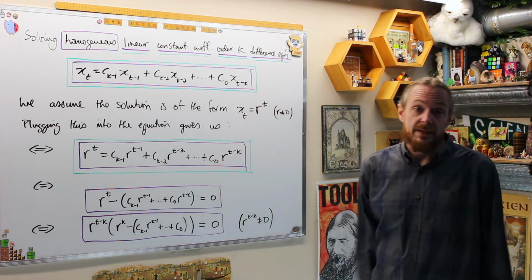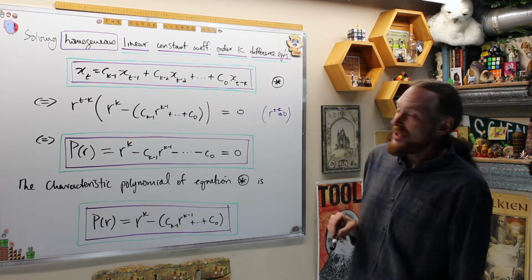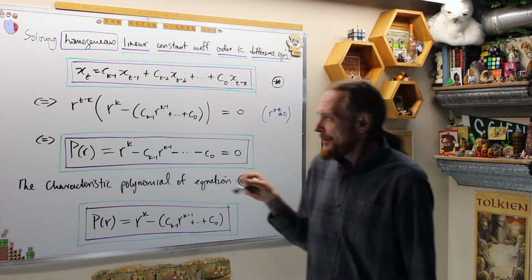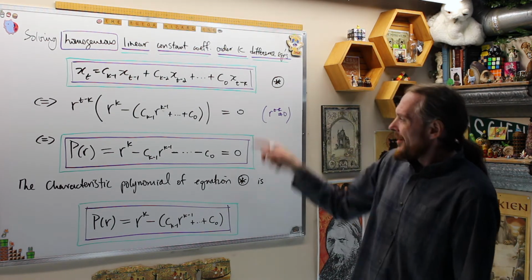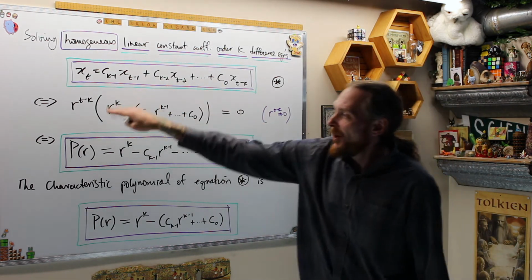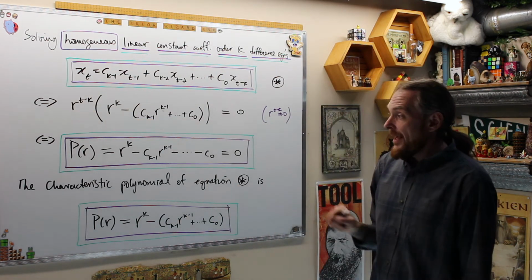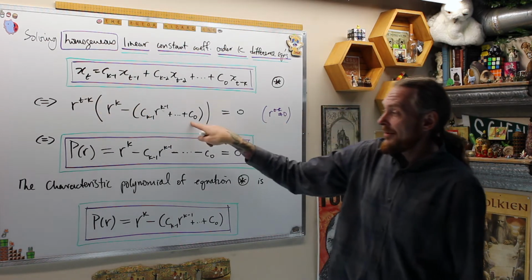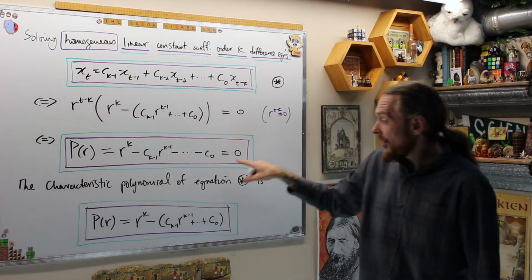Let's write that and then solve a couple of these. To recap, we have a homogeneous difference equation, linear, constant coefficient, order k. It's going to be the same always, order 1 and order 2 primarily. Once we do that, we have if and only if this is 0, we move everything to one side, factor out the r, and then what we see is because this guy can't be 0, this has to be 0. So if and only if what we're going to call p of r, this polynomial in r, is 0.